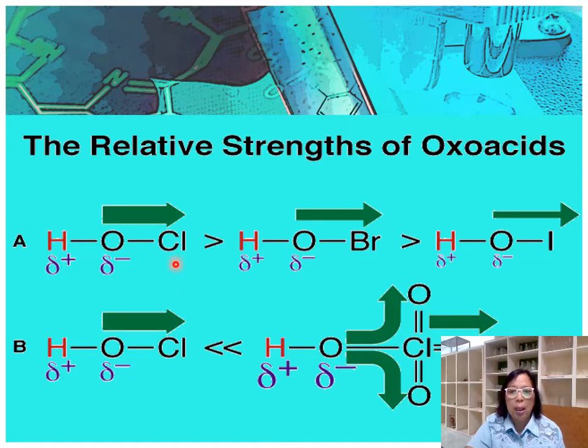So the Cl is higher or greater in terms of strength. Going down the periodic table is the Br and then the iodine. But comparing between oxo and halogen, the halogens are weaker as compared to the oxo.